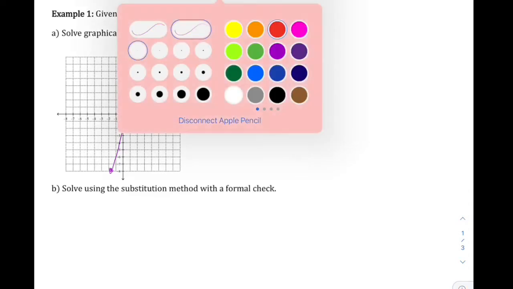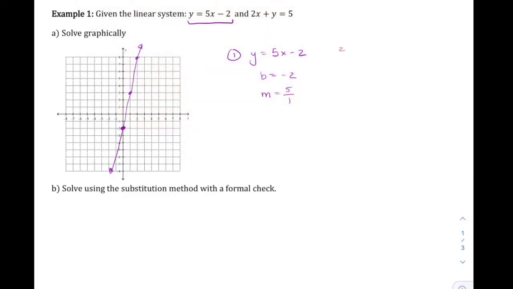Then I'm going to take the second equation, equation 2, which is 2x plus y is equal to 5. And I'm going to try to graph that one. So in order to do that, we have to isolate y. So I'm going to take the 2x and move it to the right side. And I'm going to plot my new graph.